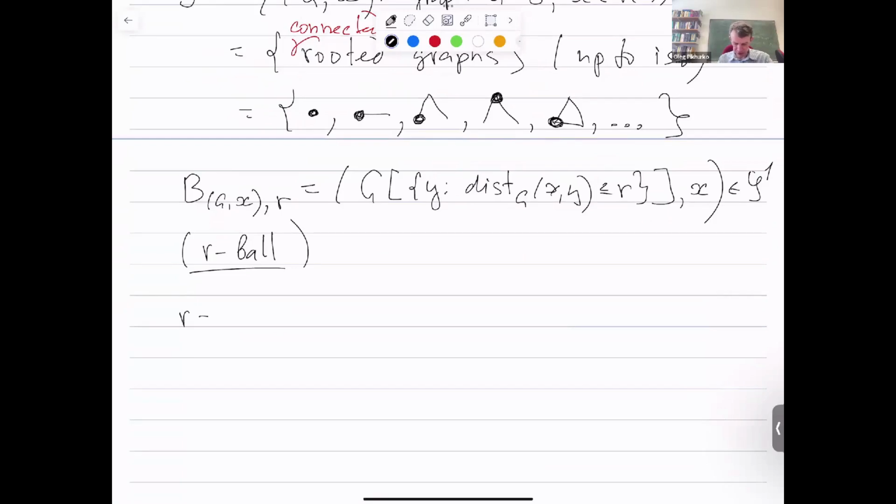And what is R-ball sampling? This would be equivalent to the previous one, but more convenient to work with.